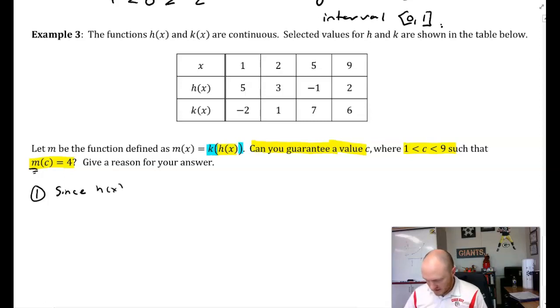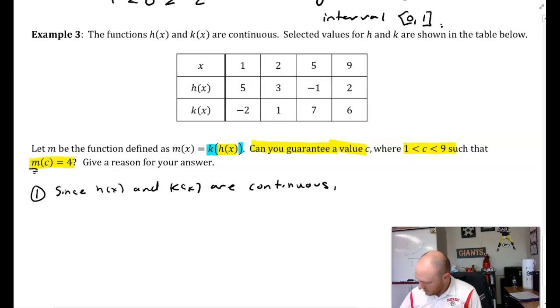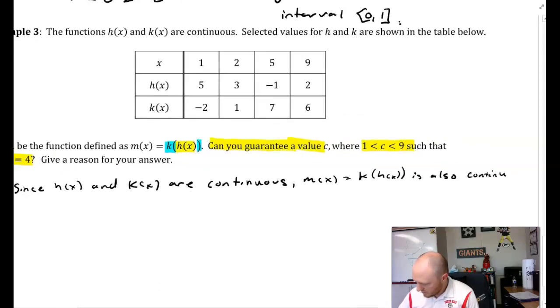So since h of x and k of x are continuous, m of x, which is k of h of x, is also continuous. Okay, there's condition number 1.